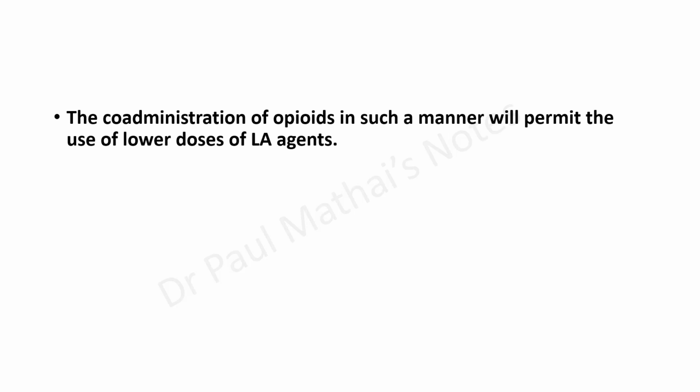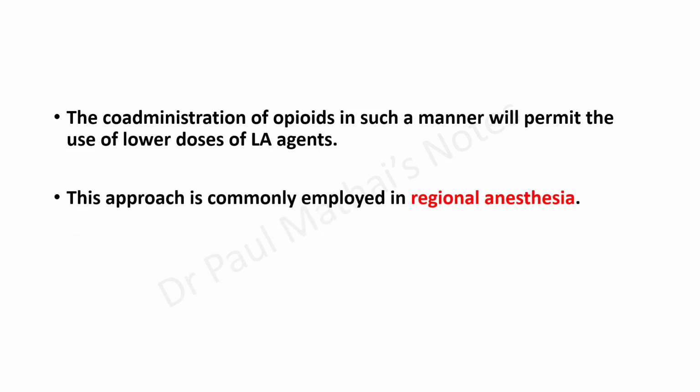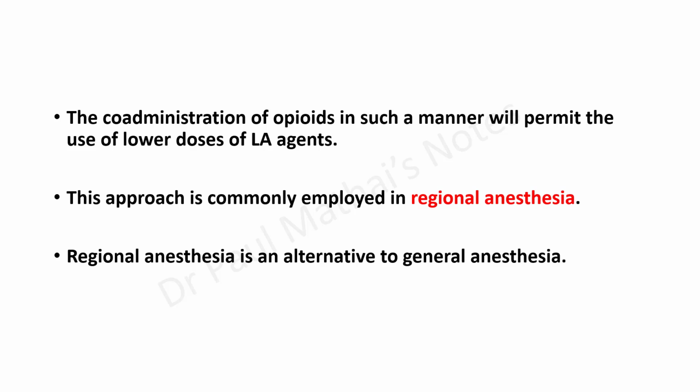The co-administration of opioids in such a manner will permit the use of lower doses of local anesthetic agents, and this approach is commonly employed in regional anesthesia, which is a viable alternative in certain cases to general anesthesia.